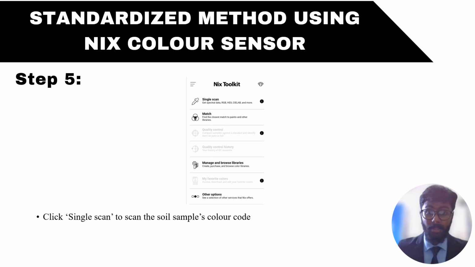For the fifth step, in the Nix Toolkit app, we need to click the single scan to get the color code in the app.